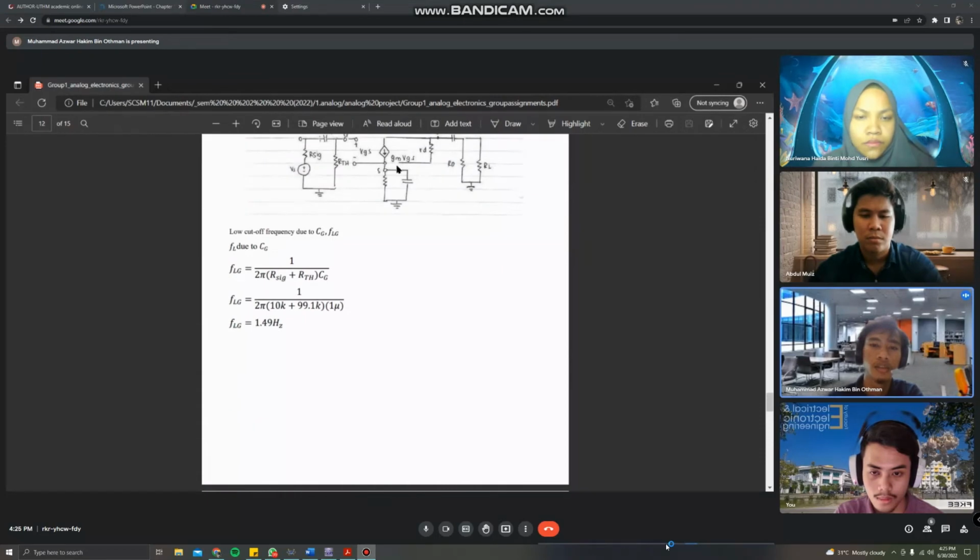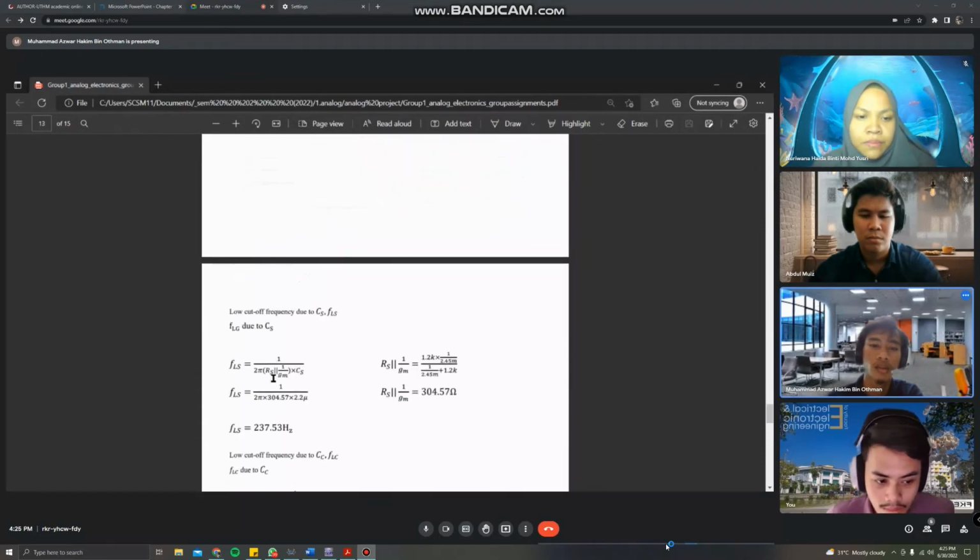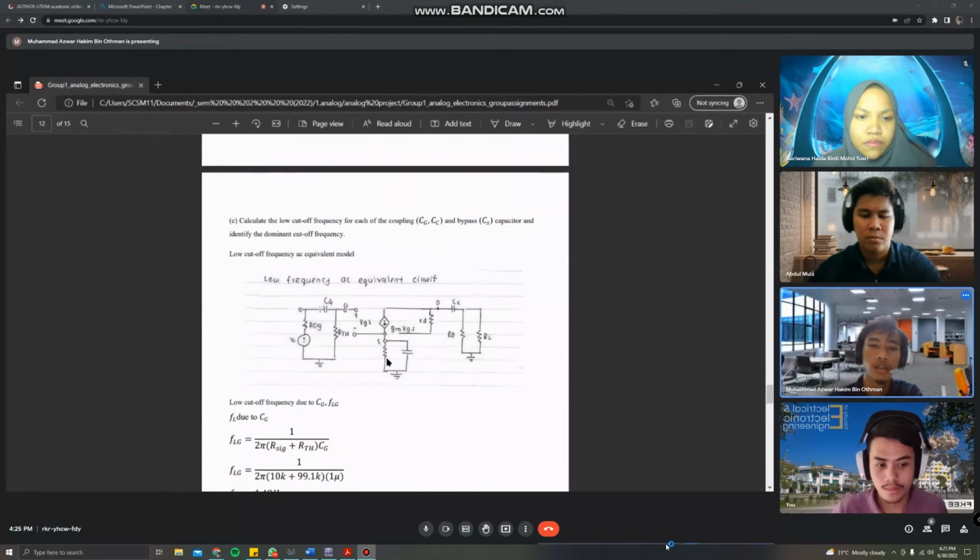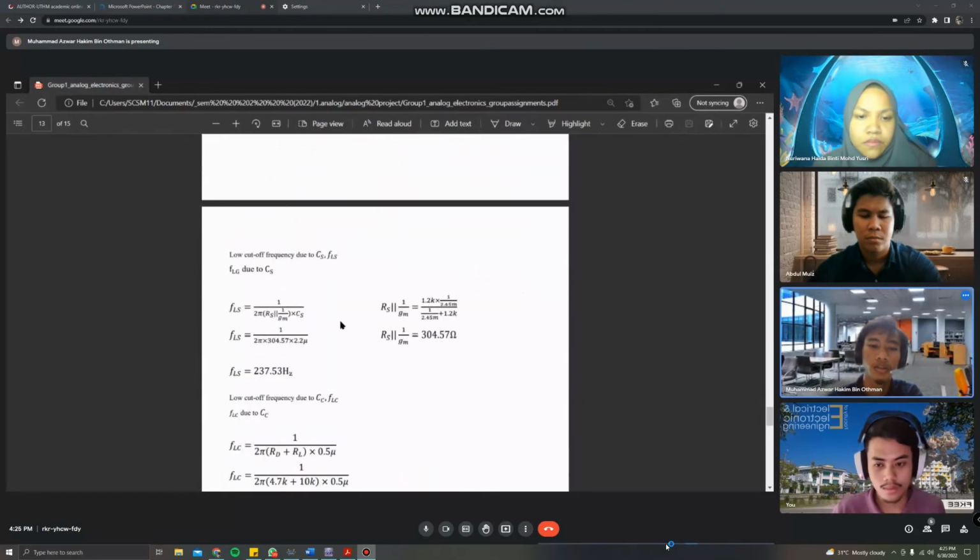calculate the GM parallel with RS. So we calculate the total resistance across the capacitor, which is CS. So we get the total resistor is 304.57 ohm.